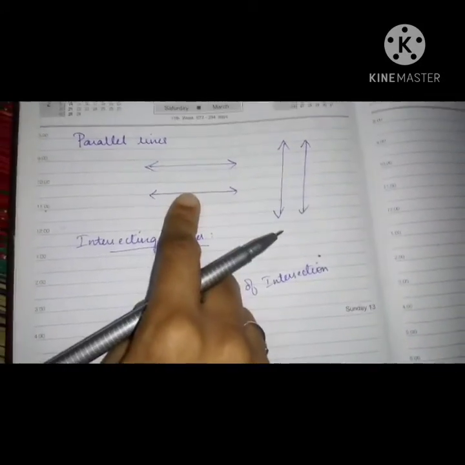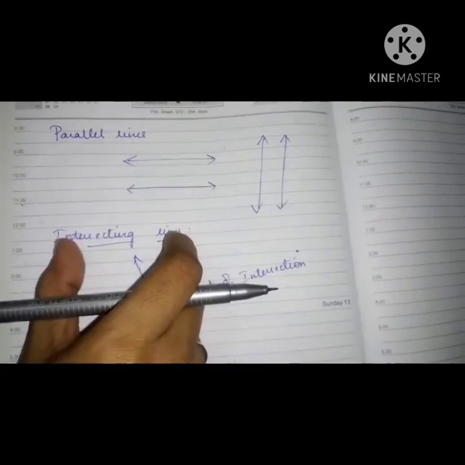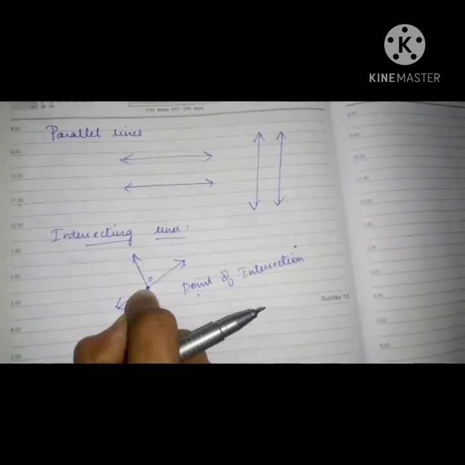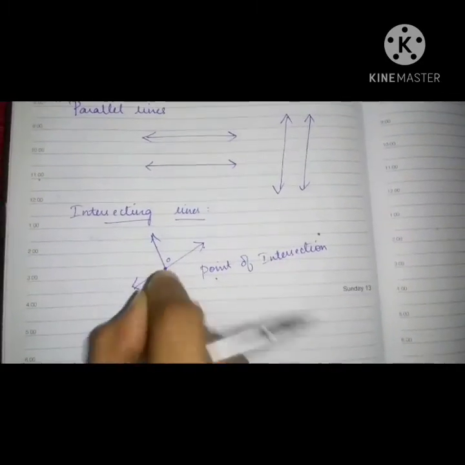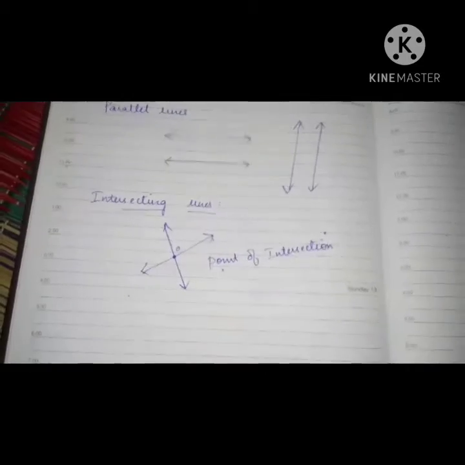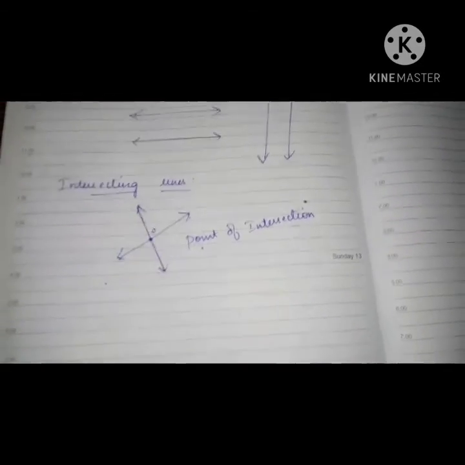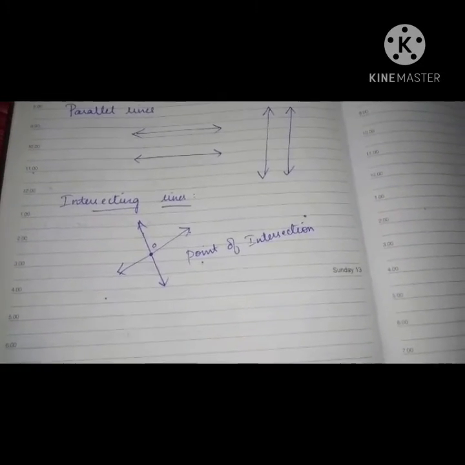Parallel lines means they will never touch each other in any situation. Intersecting lines means two lines touch each other at one point, and the point at which they touch is called the point of intersection.